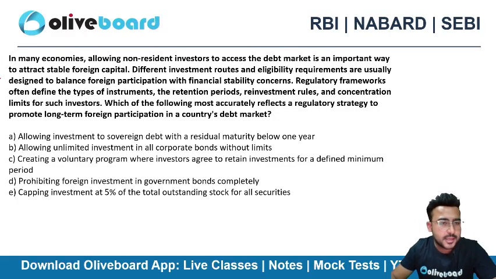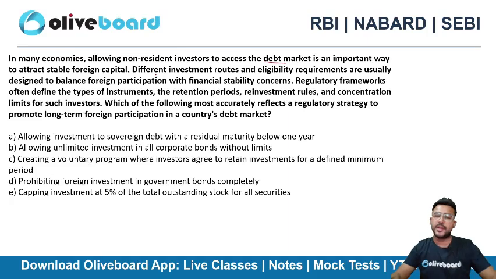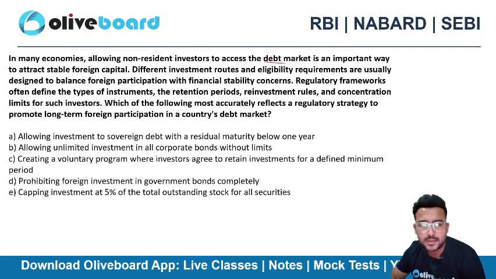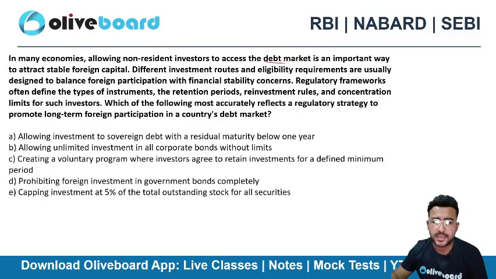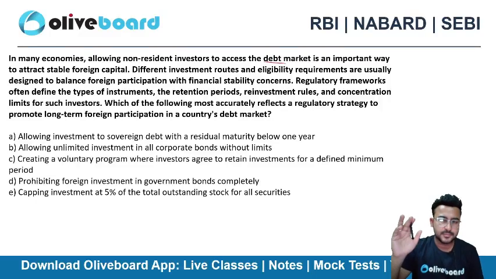The first is, many economies allowing the non-resident investor to access the debt market is an important way to attract stable foreign capital. So here the discussion is all about non-resident investors having access to the debt market of a country. Different investment routes and eligibility requirements are usually designed to balance foreign participation with financial stability concerns.